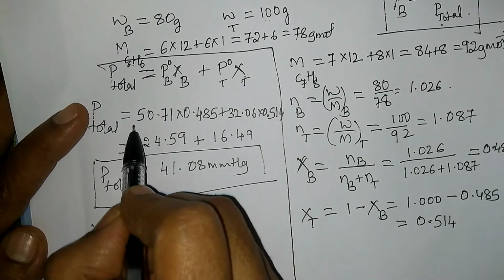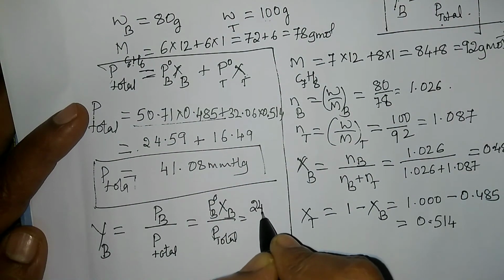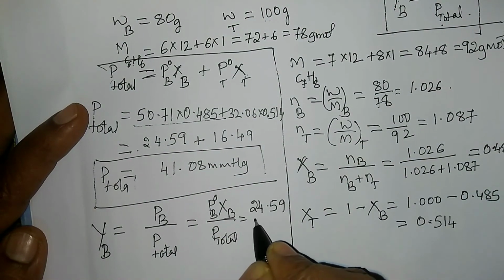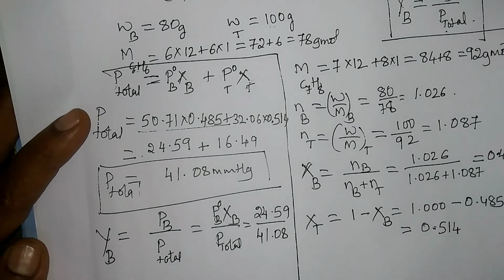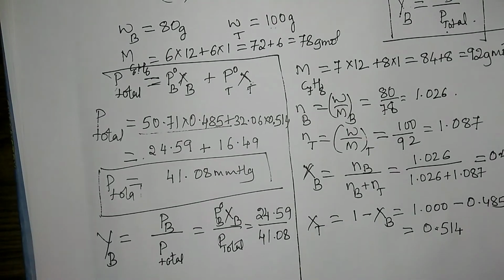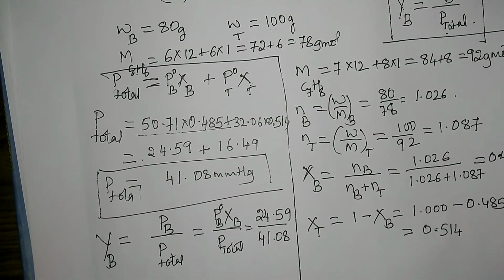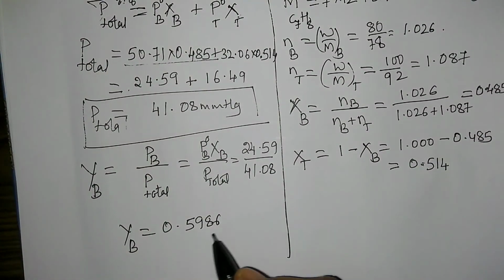Look here, P naught of B into XB we get as 24.59 divided by the total pressure 41.08. Therefore, the mole fraction of benzene in the vapor phase comes to be 0.5986. You should pause the video and do the calculation.